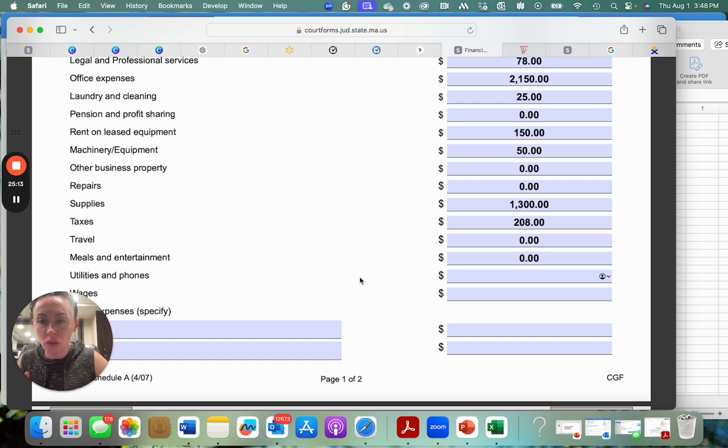So I would just make a note that on this line it encompasses internet as well. Gas, electric also need to be figured in. So let's just say we pay Comcast $200 a month, and then we pay another, I don't know, $250 a month between the gas and electric. That is a total of $450. And if we divide that out by 7 months, because that's our window, January to July, that gives us an average of $64.